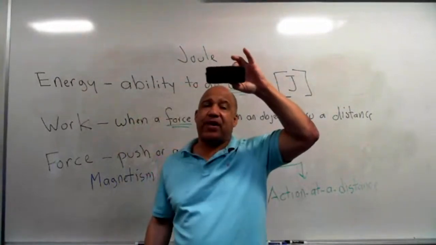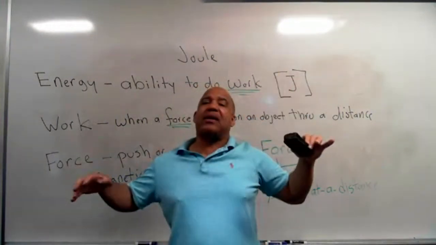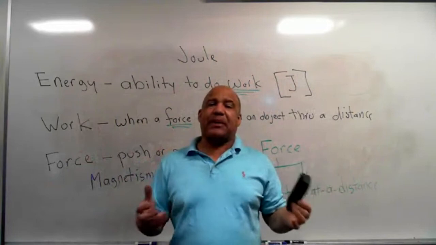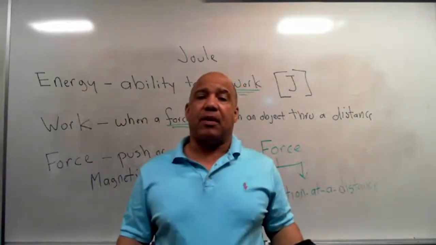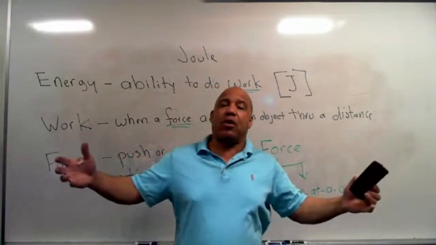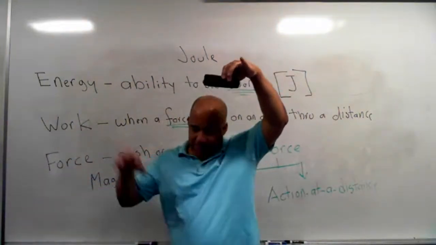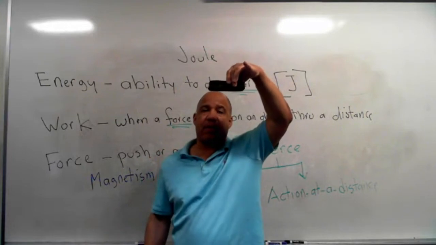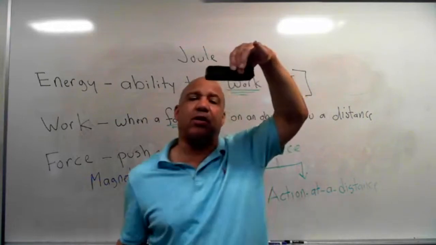eraser, it has mass. And the Earth has mass, and any object is attracted to another object that has mass. Things that have mass are attracted to each other. So the bigger the mass, the more the attraction. So I have this eraser, and I've got the Earth. I'm standing on the Earth. And Newton says you can't have one force, there's always two.